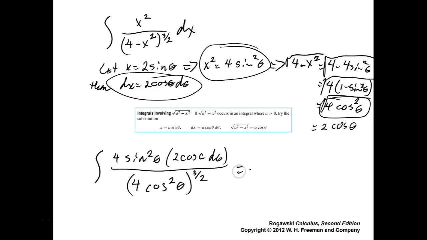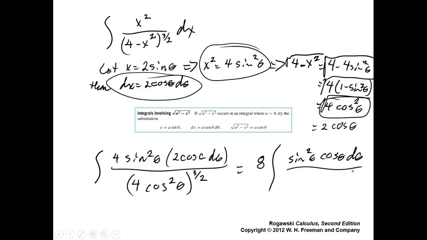So this is, now let me pull out what I can, okay? In the numerator we have an 8, so I'm going to pull it out for now. And then the rest of the numerator is sine squared theta cosine theta d theta. Okay? Because I pulled out the constants.